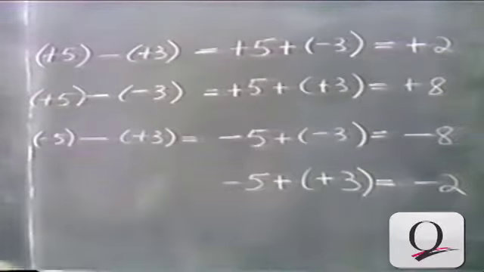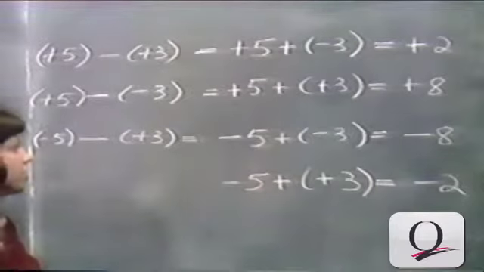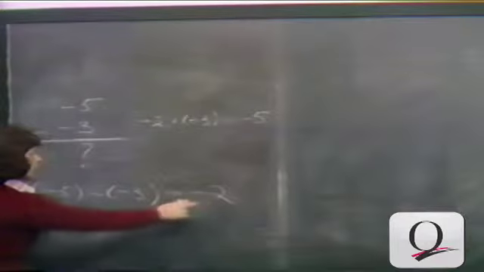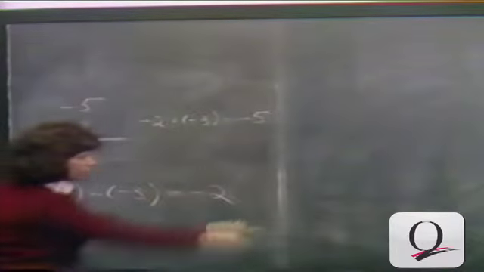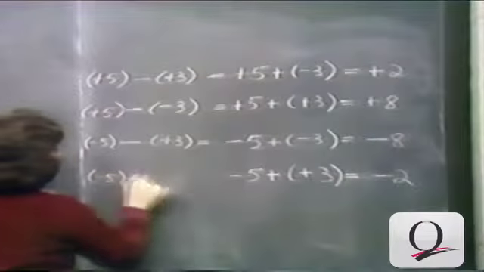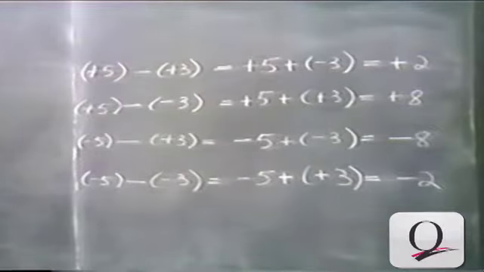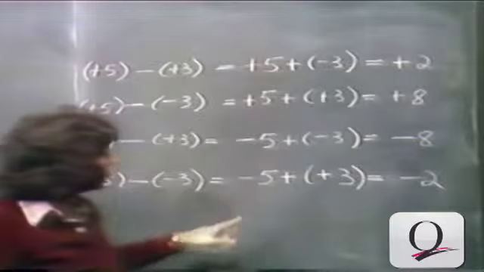The answer was minus 8, which was also the answer to this addition problem. And finally, minus 5 take away a minus 3 gave us minus 2, which we'll put over here.